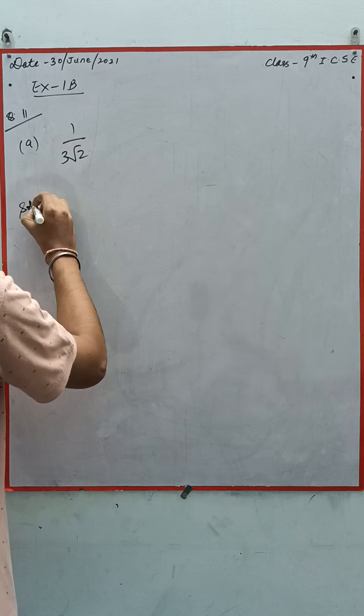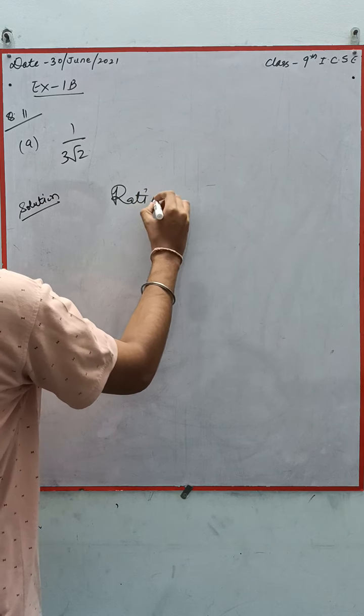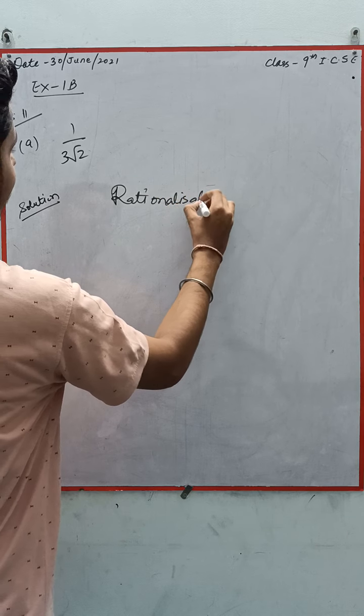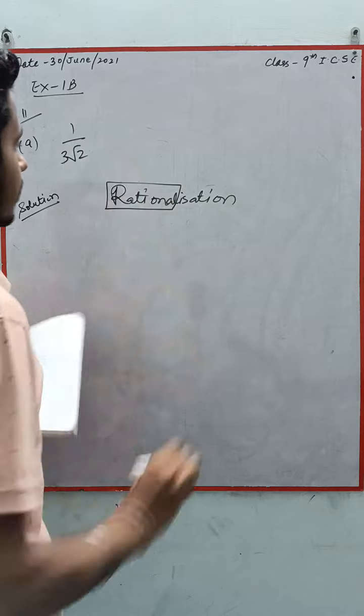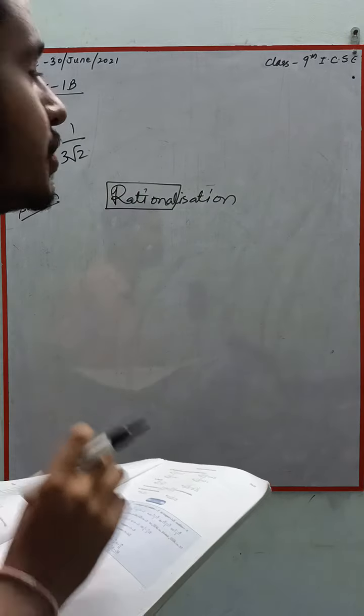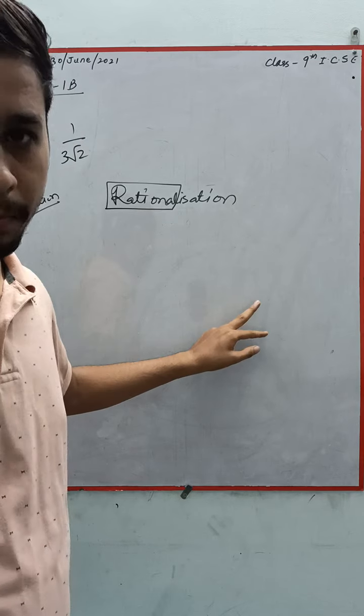So we know how to rationalize the denominator. Do you know the meaning of rationalization? Okay, so let's understand this word first actually. See, rational word is being used here, and we know that rational means P by Q form.